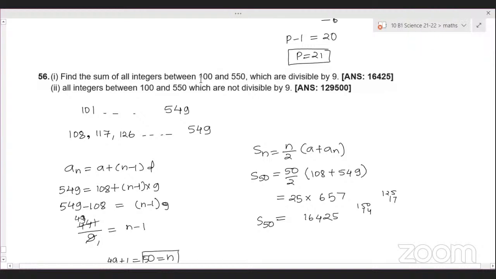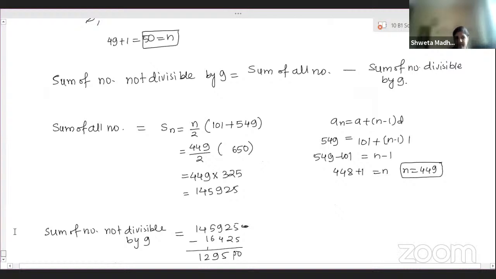All the numbers are in AP with difference 1: 101, 102, 103, 104 till 549. So you have to calculate the sum of all those terms.